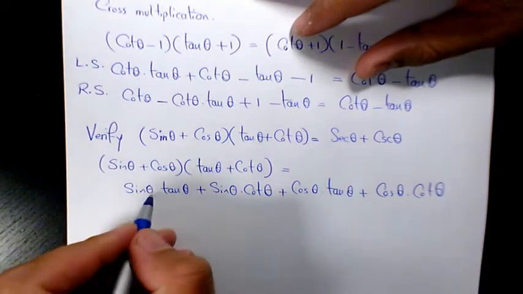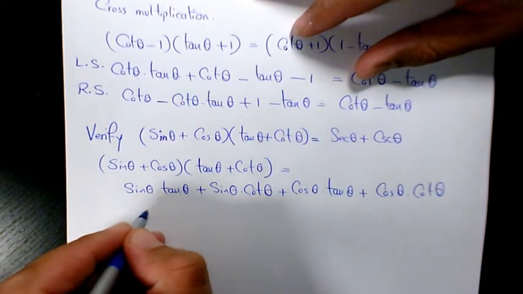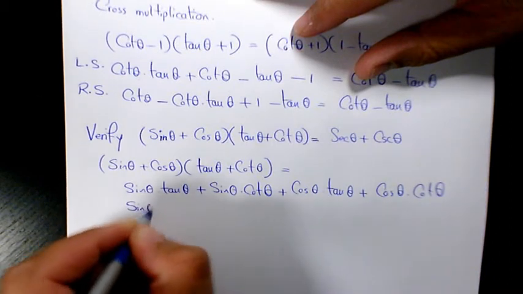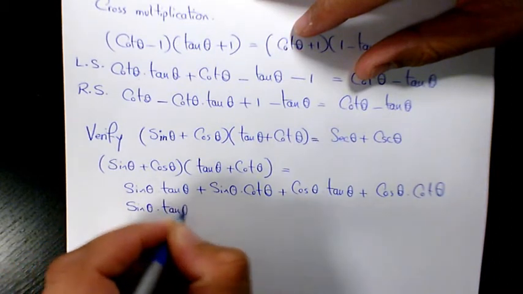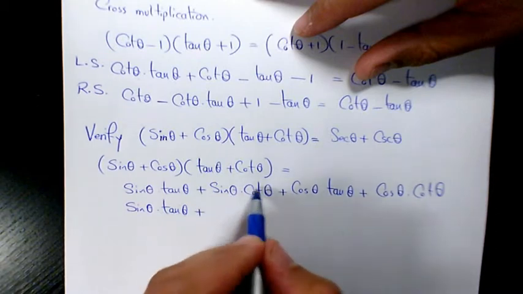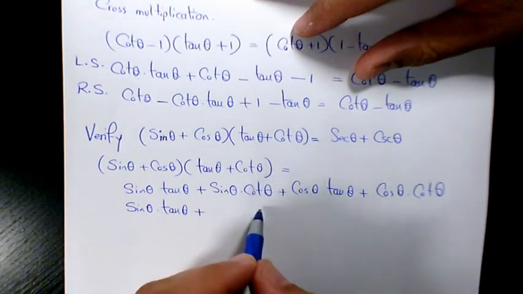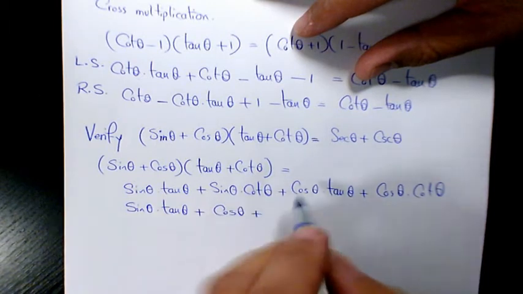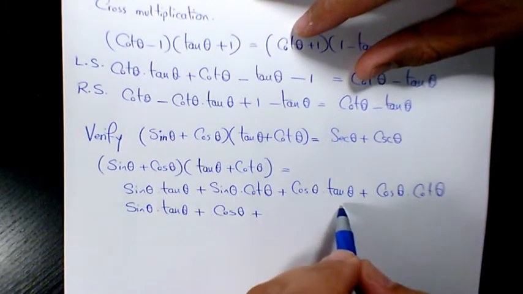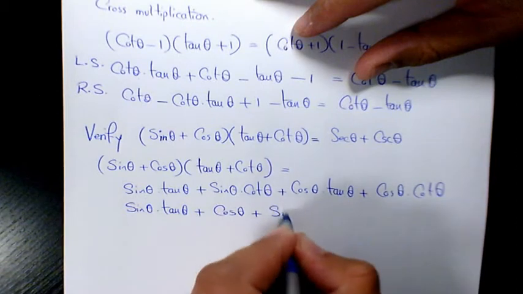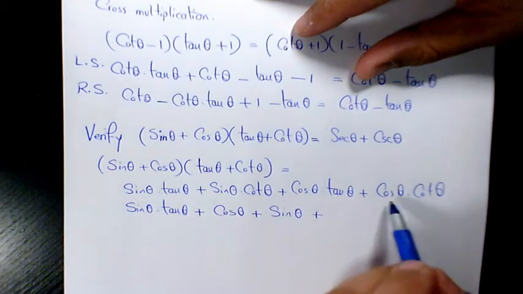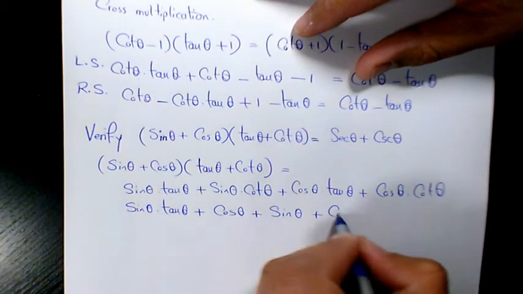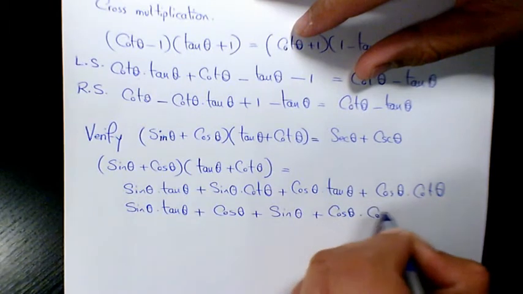So sine theta times sine over cosine, just leave it like that for now. Sine theta times cotan theta, because cotan is cosine over sine, they cancel out and we have just cosine. Cosine theta times sine over cosine is going to be just sine theta. And here we have cosine theta times cotan theta.